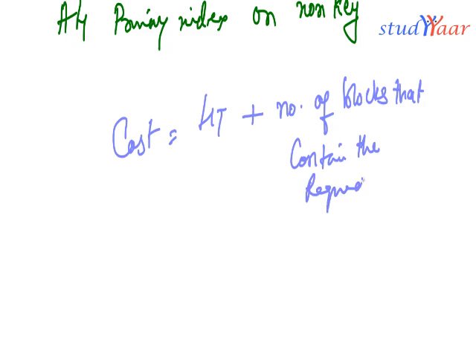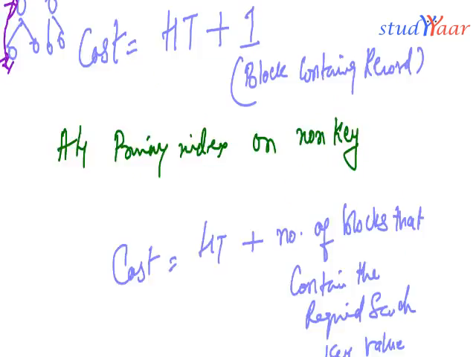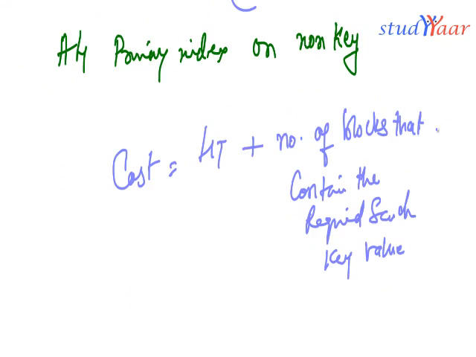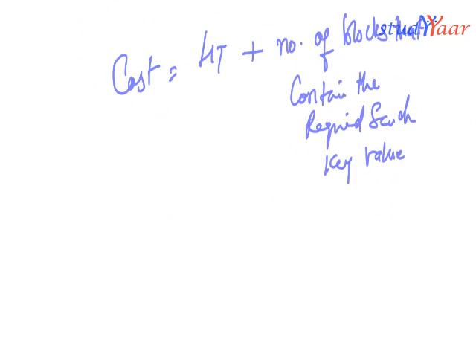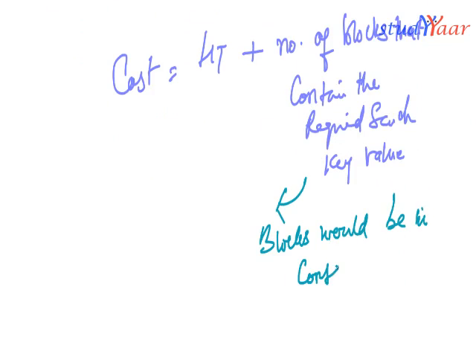Since this is a primary index, the file would be sorted with respect to this particular key. So all the blocks would be in consecutive locations.